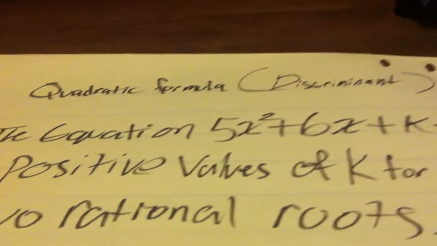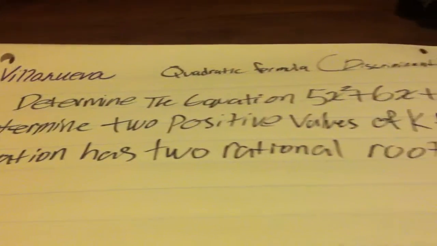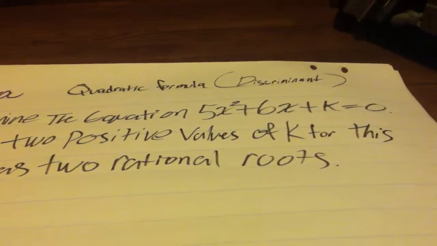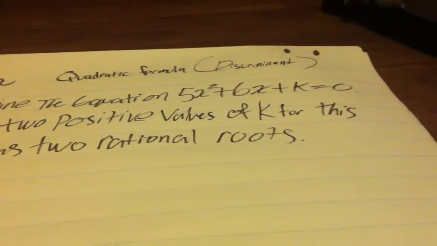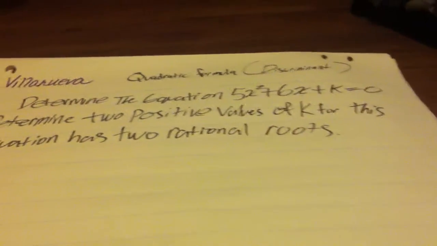Quadratic formula, discriminant. So my question is to determine the equation 5x squared plus 6x plus k equals 0. Determine two positive values of k for which this equation has two rational roots.